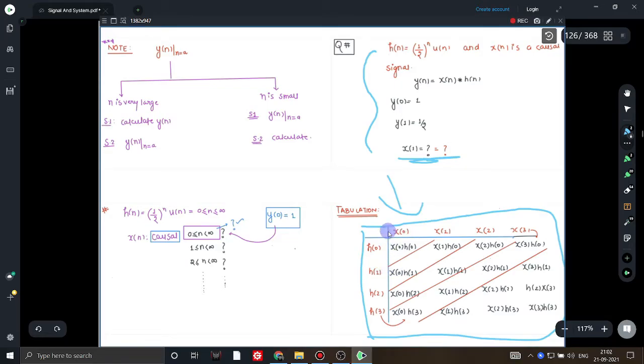So you write the values of x on the horizontal axis and the values of h on the vertical axis, and then multiply them and divide this table diagonally, as you can see in this.